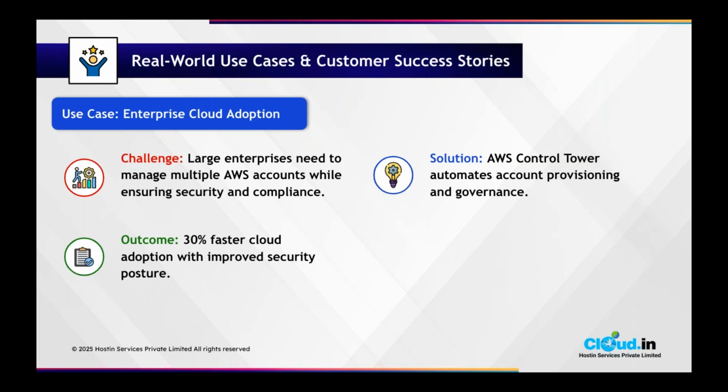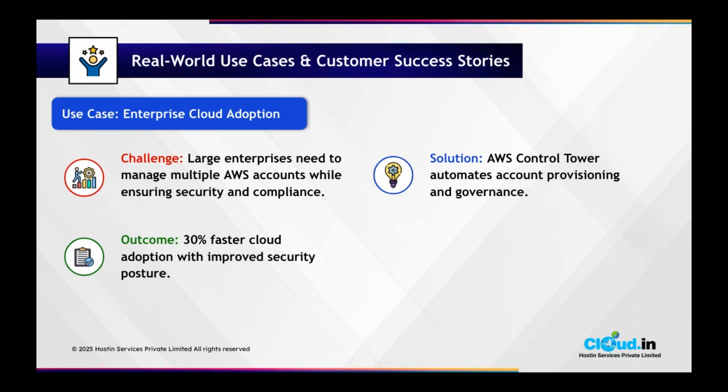We also applied centralized logging, so all logs were routed to a single security monitoring account. And the outcome is we got 30% faster cloud adoption with improved security posture and management, and also reduced operational overhead.